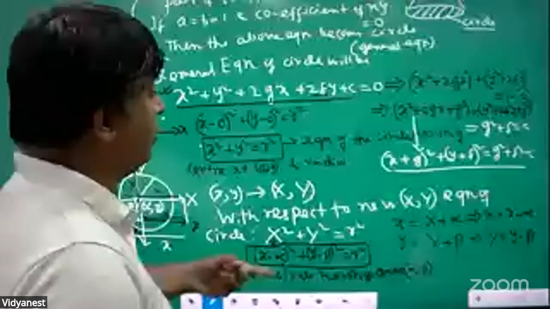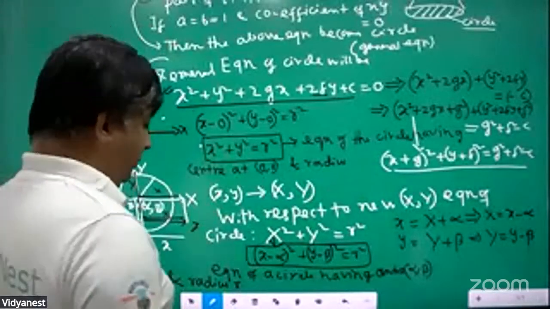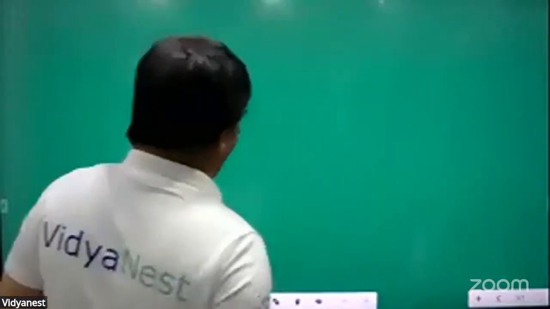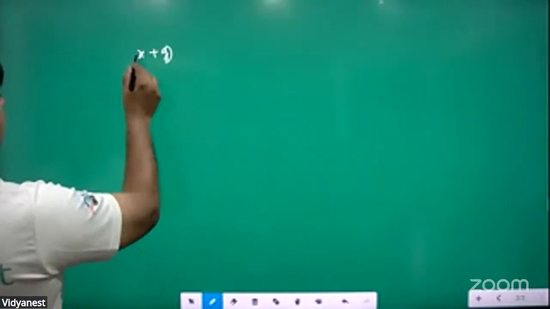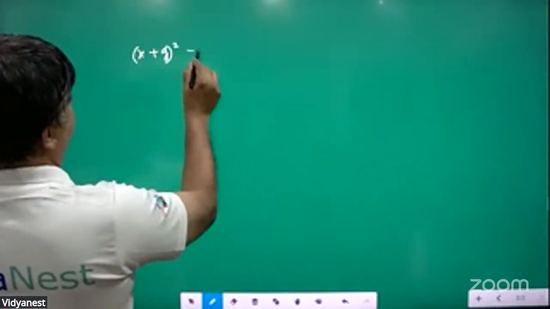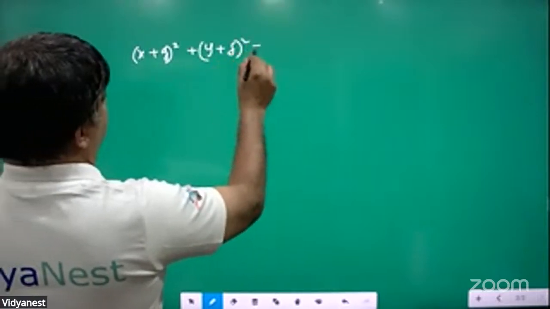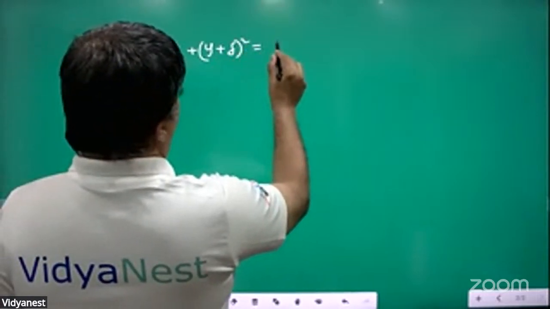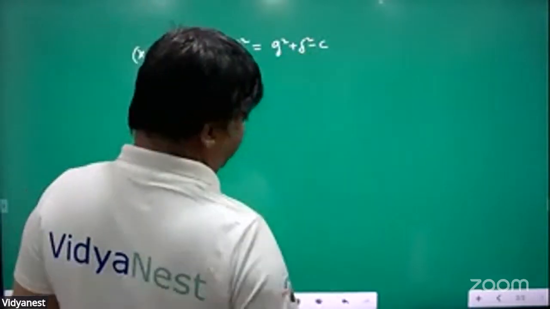Now you compare this equation to this. Okay? I'm skipping to the next page. So x plus g whole square plus y plus f whole square is equal to g square plus f square minus c.